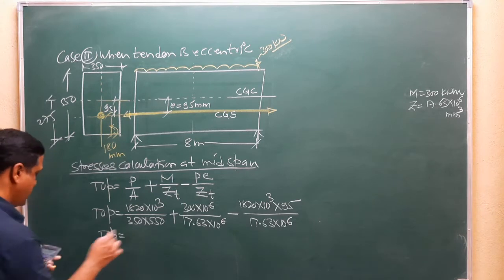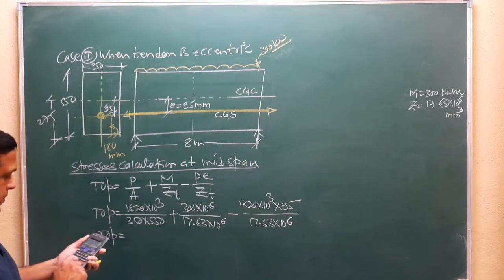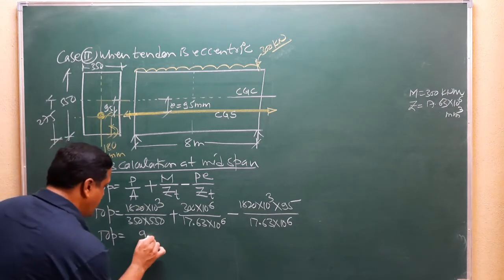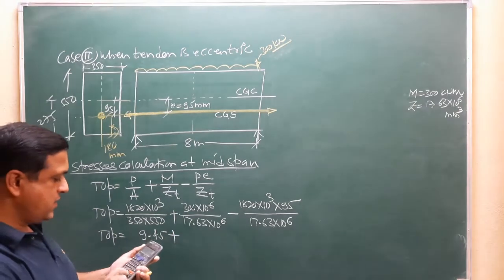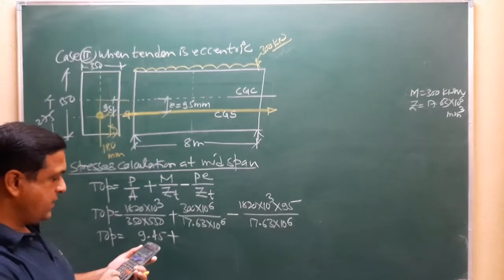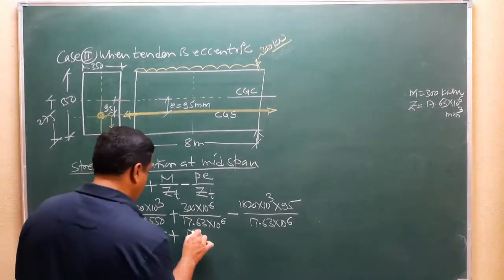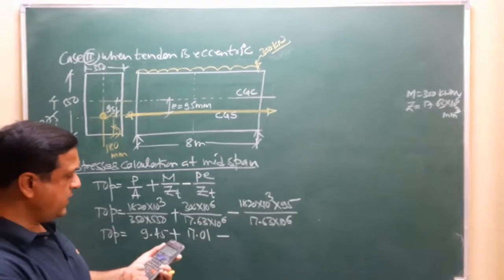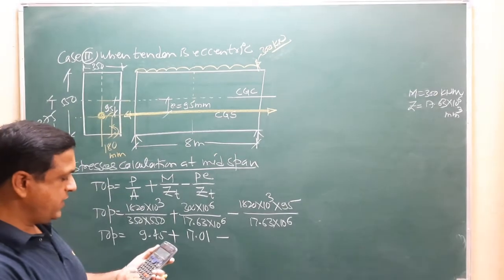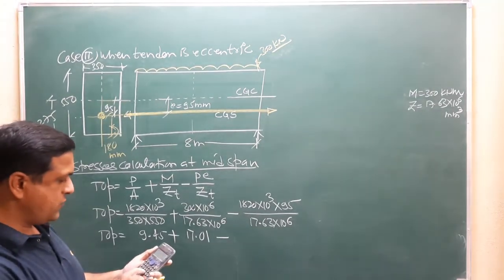So top fiber stress is: already we know this term, 1820 into 10 raised to 3 divided by 350 into 550. It is 9.45. Already we have calculated these things. Divided by 17.63 into 10 raised to 6, this is 17.01. Now minus, what is this term? 1820 into 10 raised to 3 into 95 divided by 17.63 into 10 raised to 6.